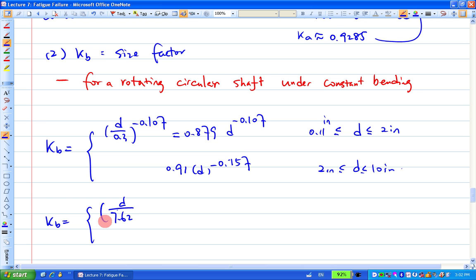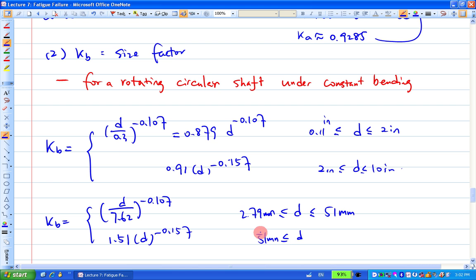If you use standard units, the first one here is for D between 2.79 millimeter and 51 millimeter, and the second is for D greater than 51 millimeter but less than 254 millimeter.